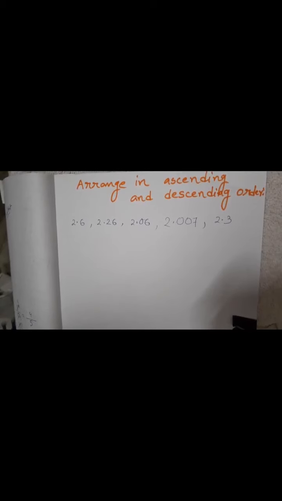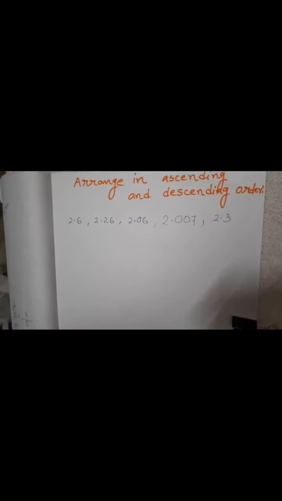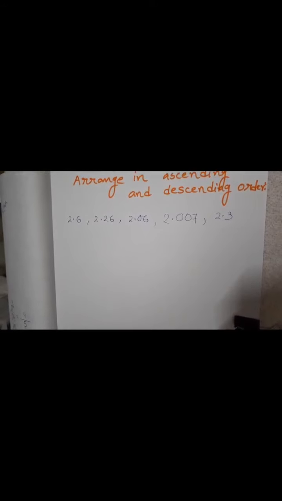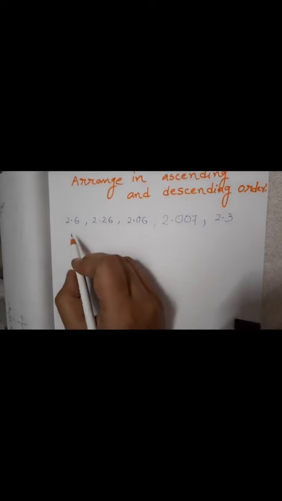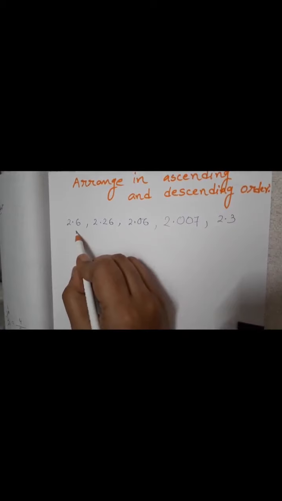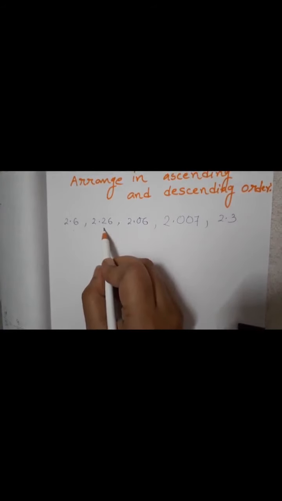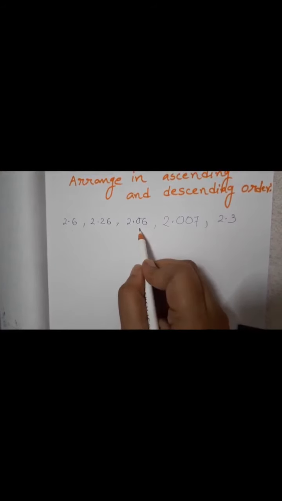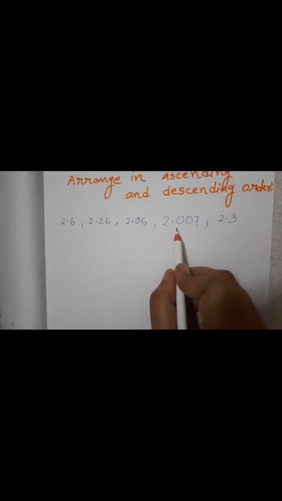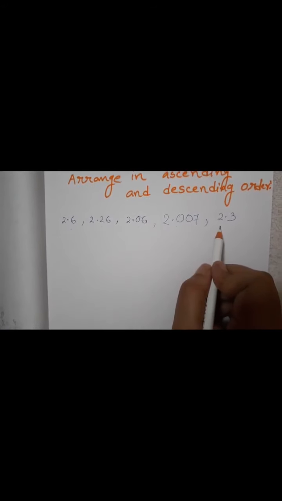Now we will see how to arrange decimal numbers into ascending or descending order. Here students, I have already written an example. You can see different decimal numbers: first one is 2.6, then 2.26, then 2.06, 2.007 and 2.3.